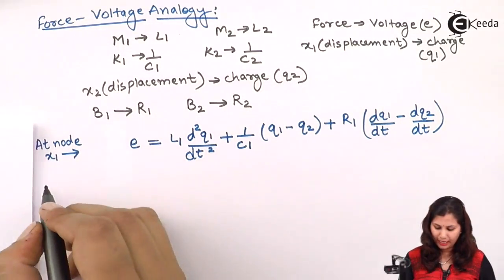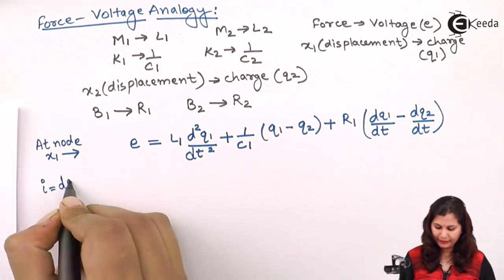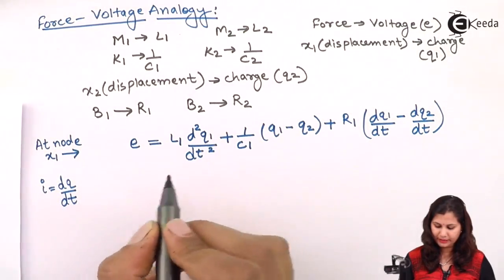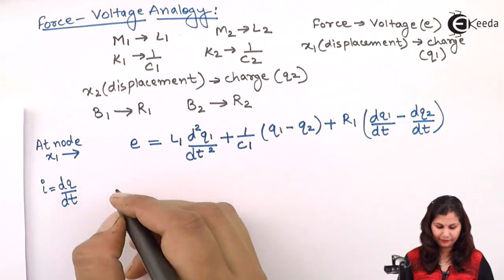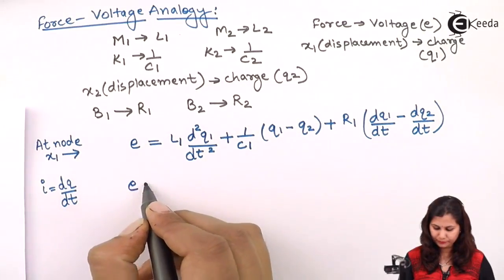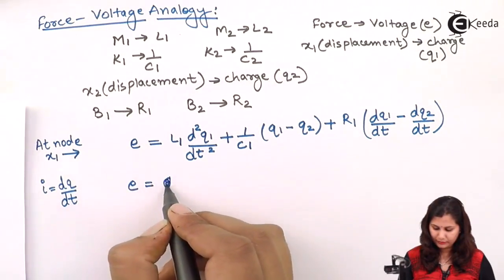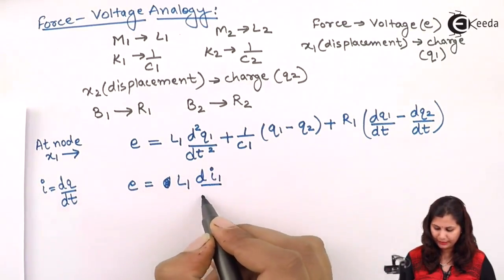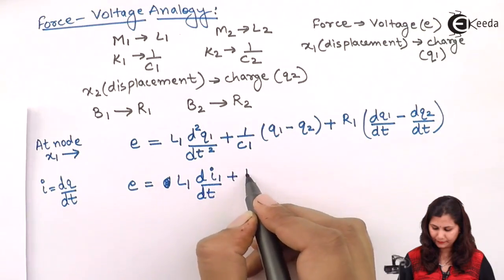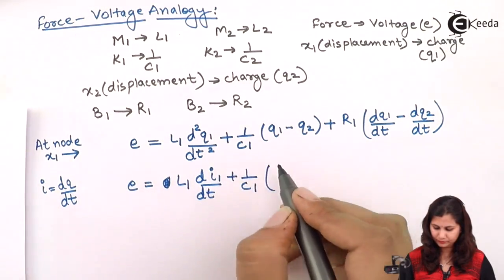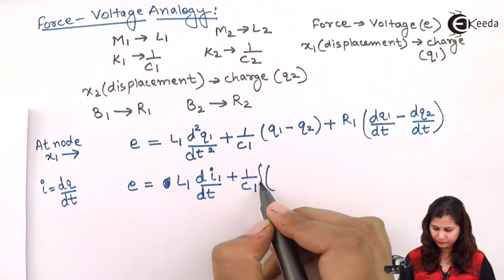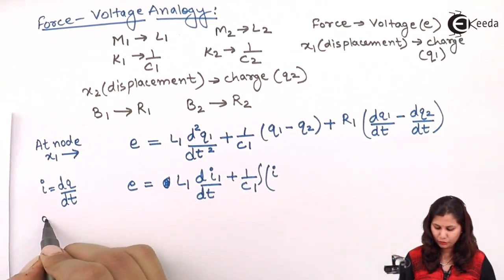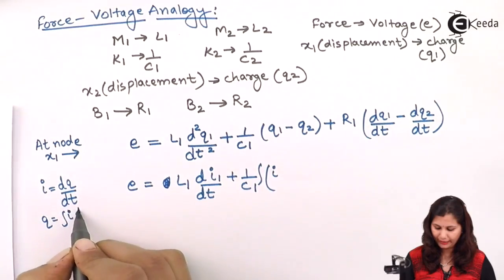Now we know that I is equal to dq by dt. So if we replace these dq by dt's with I, then we will have E equals L1 di1 by dt, and because here we have q1, q will be equal to the integration of I dt.